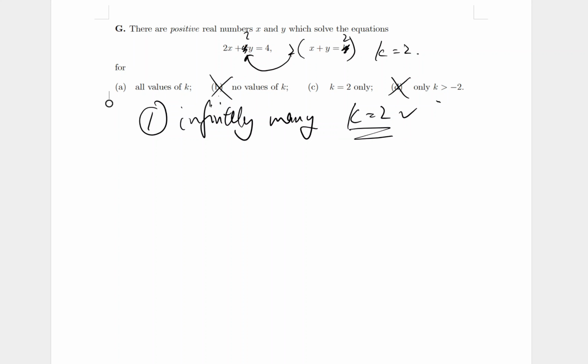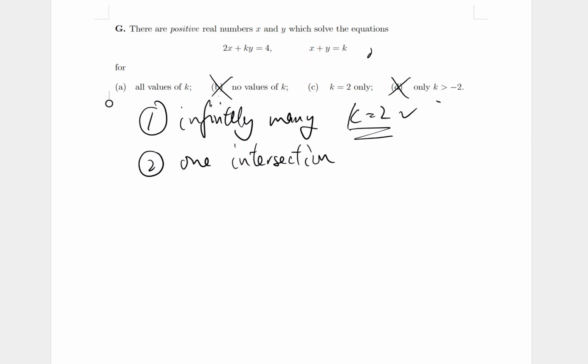Fine. Okay, let's check if there's only one intersection or one solution. Okay, one intersection. So let's try to solve the equation, right? So how do we solve simultaneous equations? Well, let's do it by substitution, shall we? So x equals k minus y, let's say. All right.